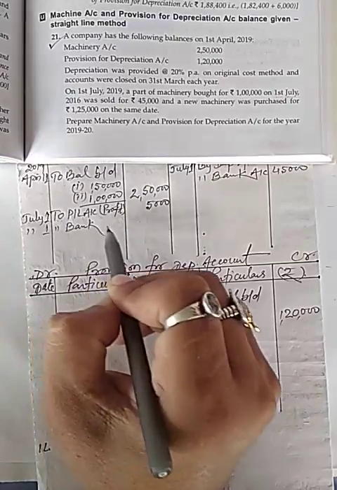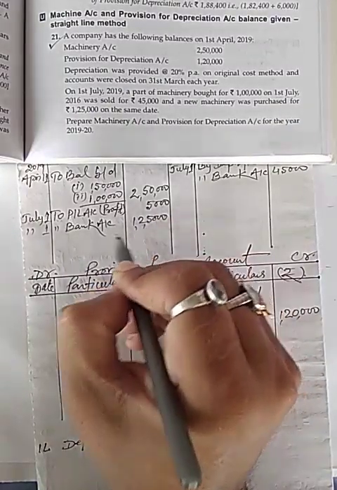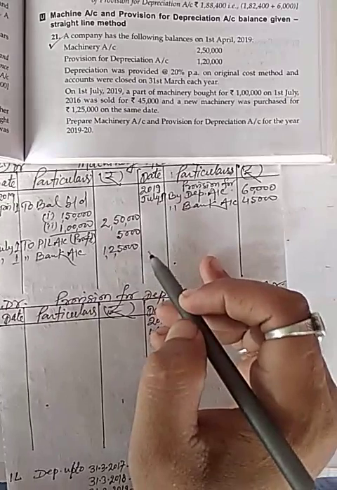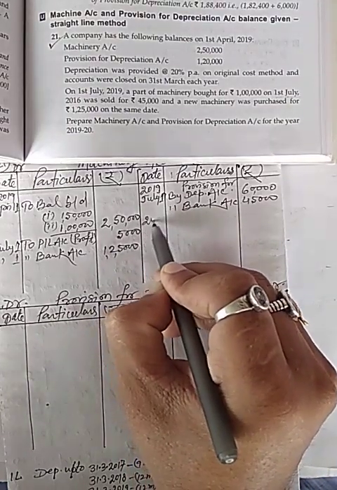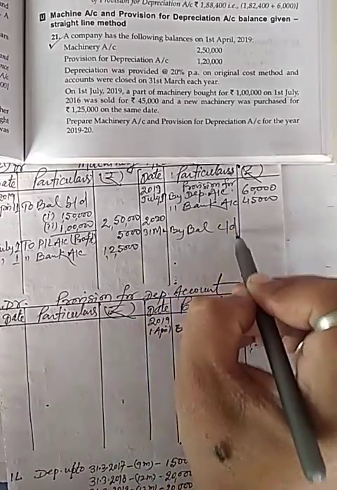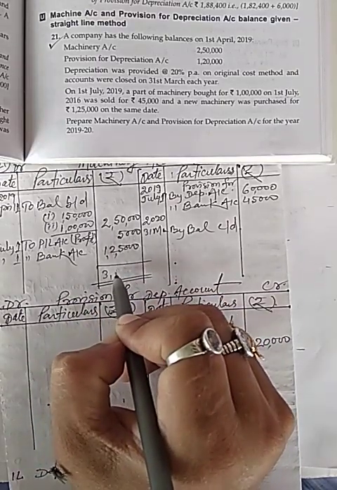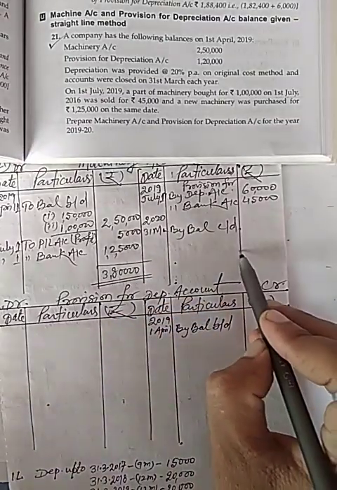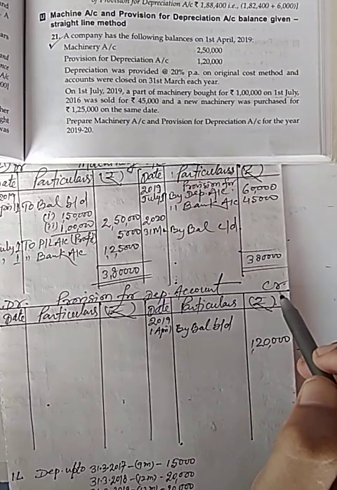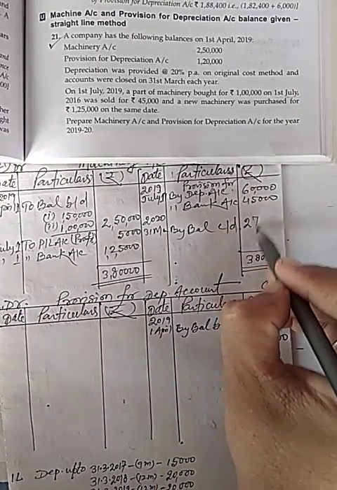So we will write bank account 1,25,000, and now our balance on 2020 31st March, by balance c/d, will be, total will be 3,80,000, and I will also write 3,80,000 on the credit side, and the remaining balance will be our balance c/d. So it will be 2,75,000.